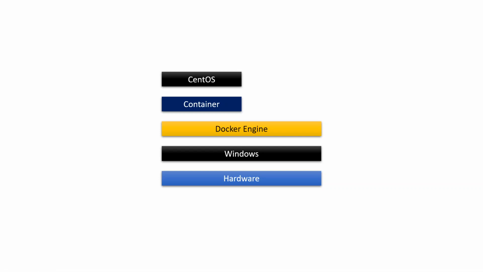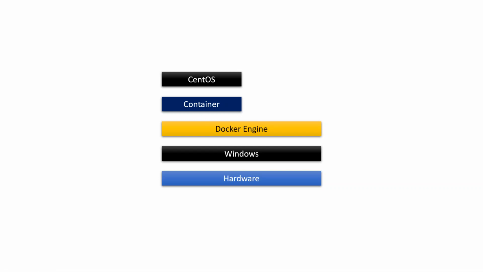Now the good thing about the container is that it will not take up your resources. The bad thing about this Docker engine is that you must know a thing or two about Docker. You must know how to operate Docker before.